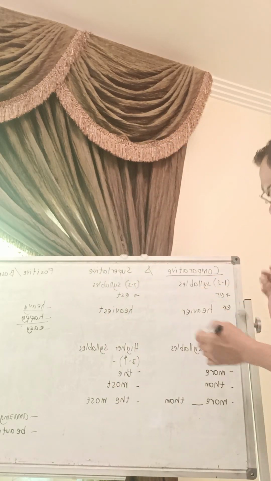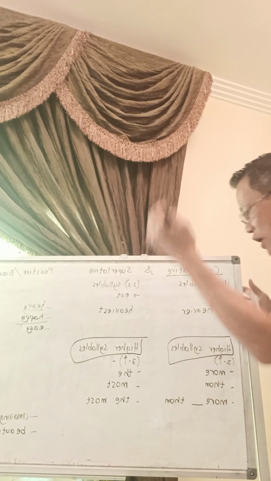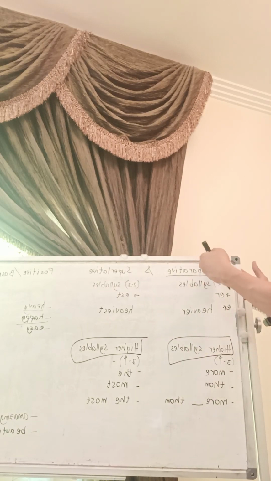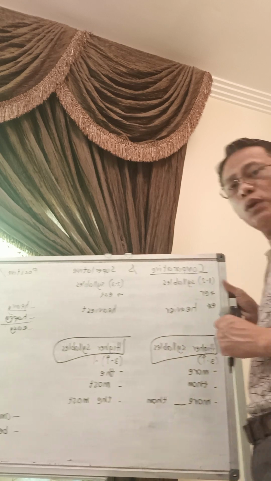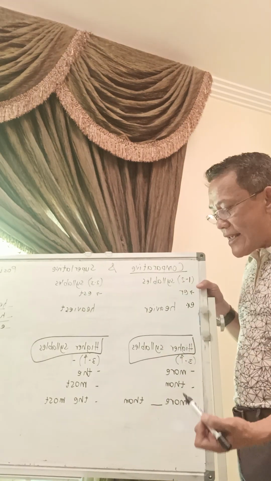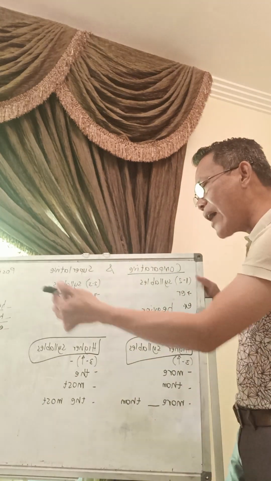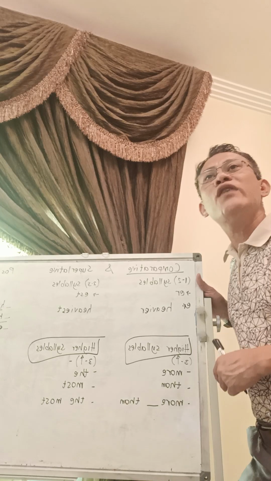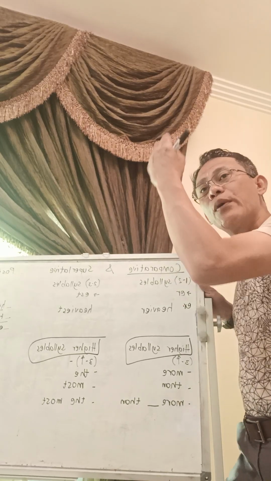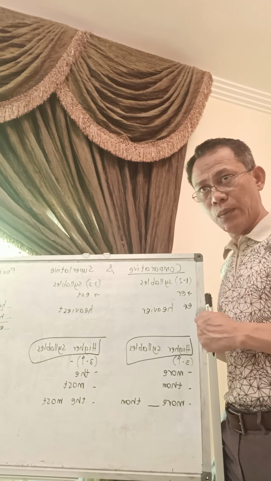What if you have higher syllables? You have higher syllables in comparative and you have higher syllables in superlative. What will you do in each case? It means that in comparative you have 3 syllables or more than 3 syllables, okay?